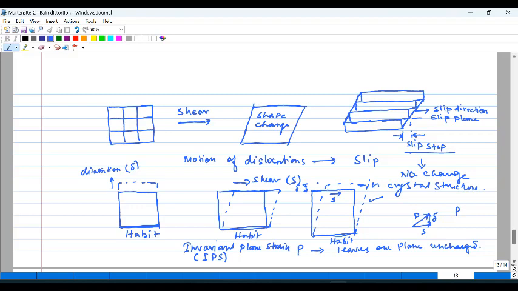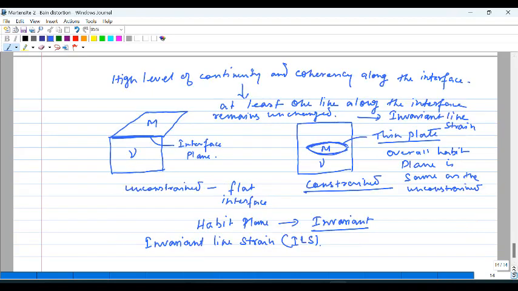It's an invariant plane strain. The strain which causes the Martensite to form is an invariant plane strain. That is what is actually observed experimentally. But what I am saying now, that it's an invariant line strain and that is must for the Martensite to form. But what is observed is an invariant plane strain.